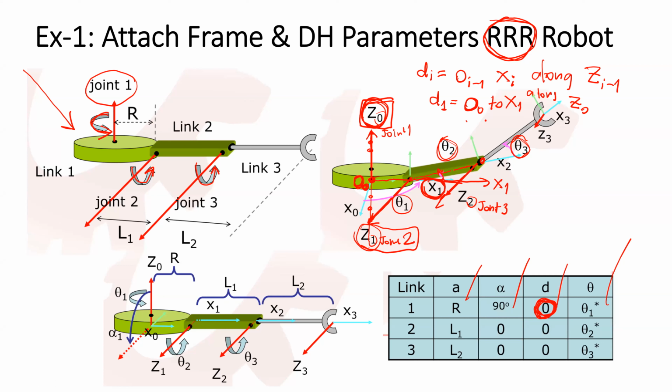If you put the origin of frame 0 here, the offset will be 0.